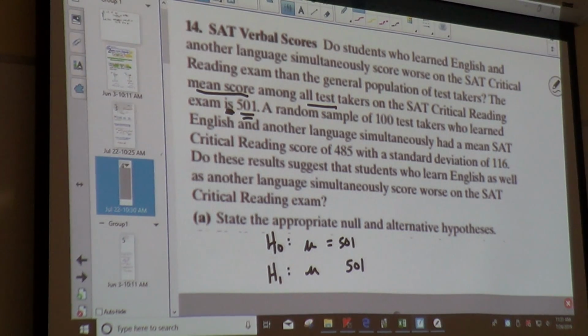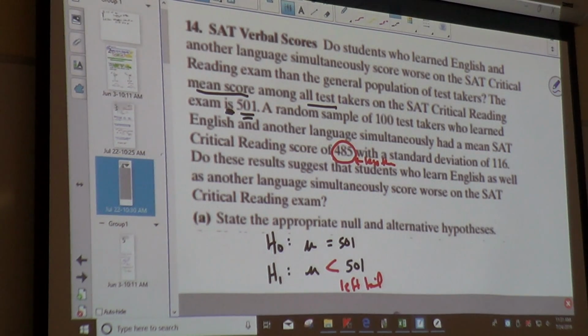It's not going to say they made higher or they made worse. They're going to give us another score. And this other score is what to the 501? It's less than the 501. So that's going to give me the less score. They did worse. Now, is this left tail or right tail or two tail? This is going to be left tail because it's pointing to the left.